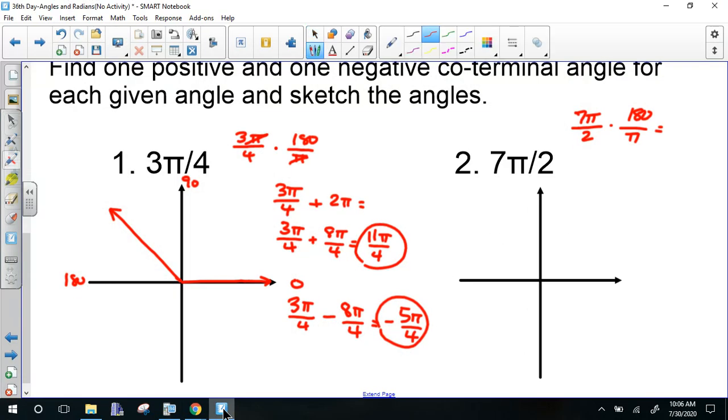Well, one revolution is 360. If I go one more time, that's going to put me at 720. I need 630, so I need to be 90 degrees less. So I'm going to go to here.